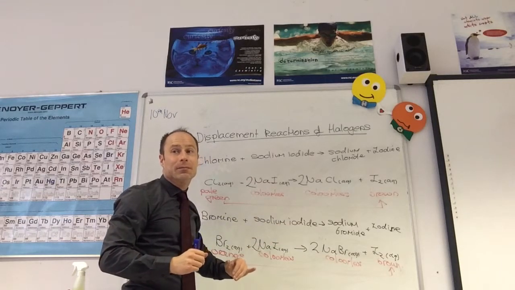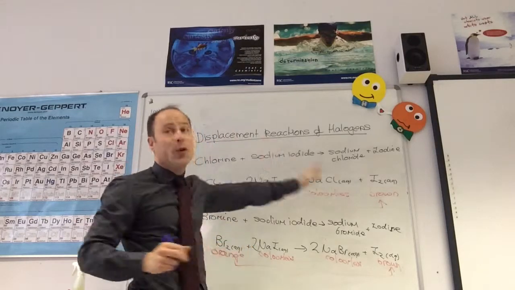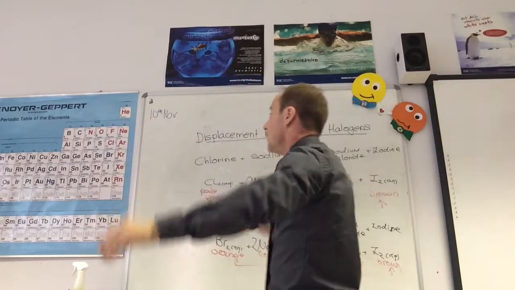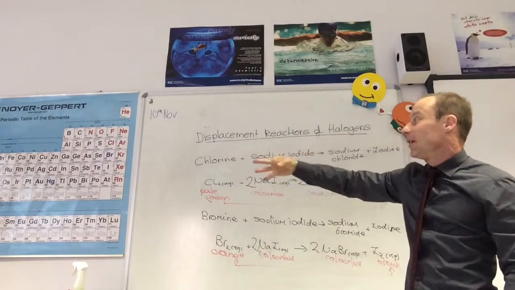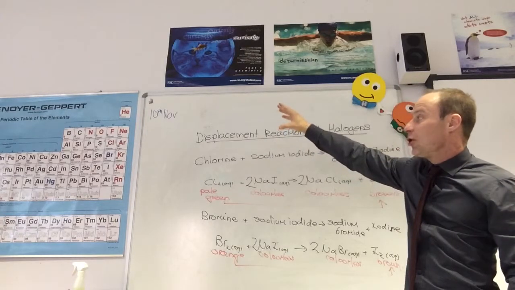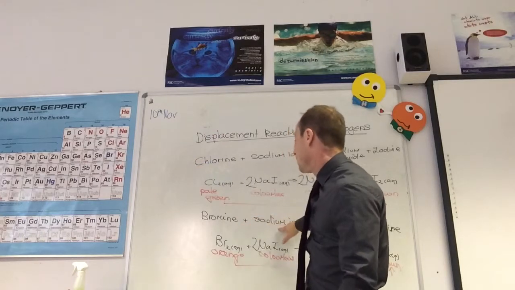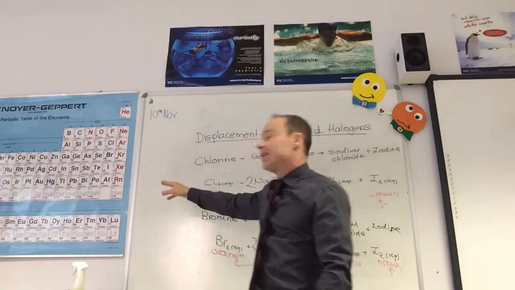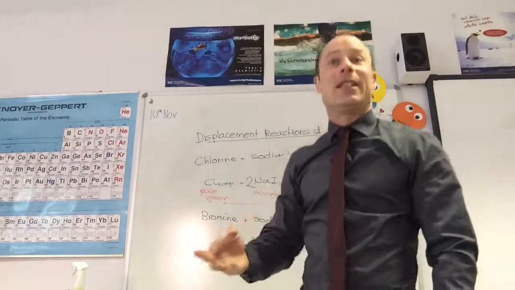Fluorine is the most reactive, but we don't use fluorine, we don't need to worry about that. In the lab we work with chlorine, bromine and iodine. When we've done the first 2, we established that chlorine is more reactive than bromine and iodine. And then this one established that bromine is more reactive than iodine. So by doing those 3, I've established my reactivity down group 7.